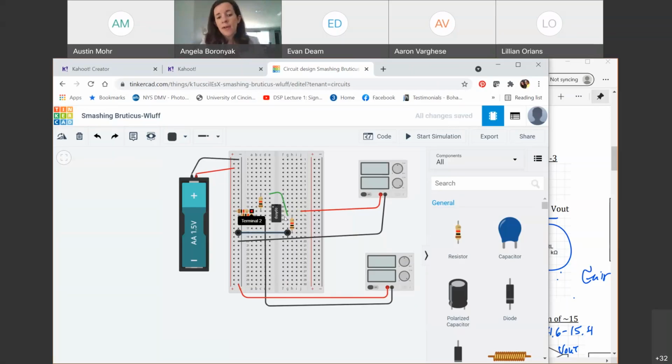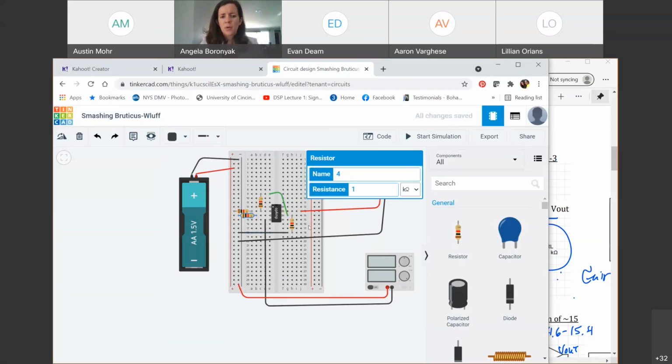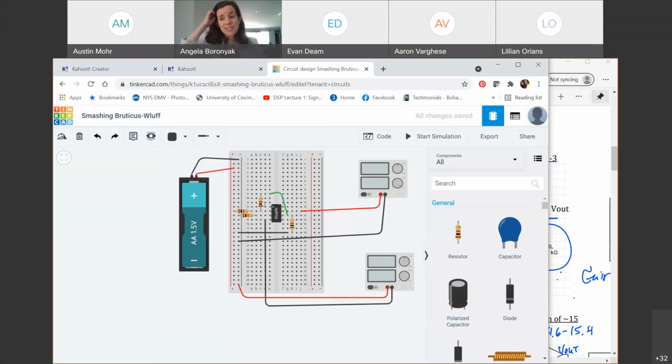Now, I don't have the correct values here. RL, I do think starts at 1 kilo ohm, and this resistor starts at 1 kilo ohm, but you need to choose RF and RN to be the values of resistors you want. If you need to make RF, let's say, multiple resistors in series, then I could maybe even start with one, and instead of this wire, I could put another resistor in series with it.